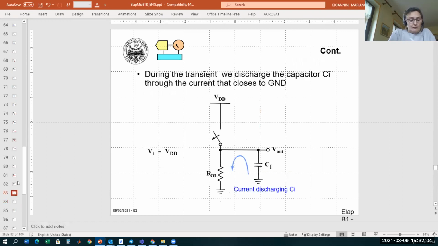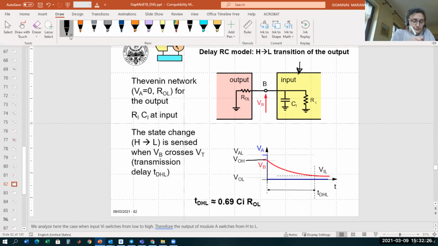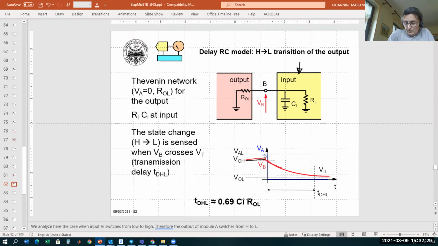So in theory, you have to plot the voltage at the input node of the yellow node as a function of time, solving the RC transient, and you write the analytical expression for this voltage, and then you have to compare it with the input voltage level, high or low, depending on whether the transient in the output is from high to low or vice versa, okay?